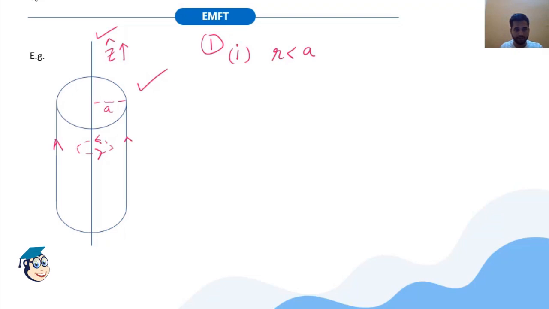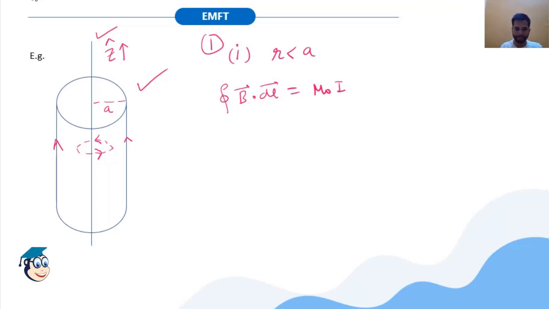For a line integral, we have to define the direction of integration, and you can take it something like that. Applying Ampere's law, which says the line integral of B dot dl is equal to mu naught times I enclosed in that Amperian loop. This loop is, by the way, called an Amperian loop.